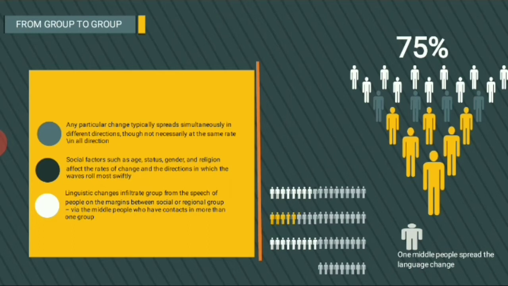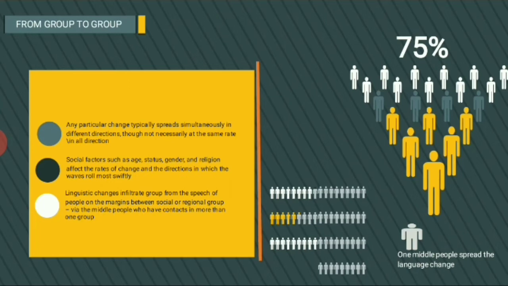Any particular change typically spreads simultaneously in different directions, though not necessarily at the same rate in all directions. So it means every language has its own rate and its own direction of change.